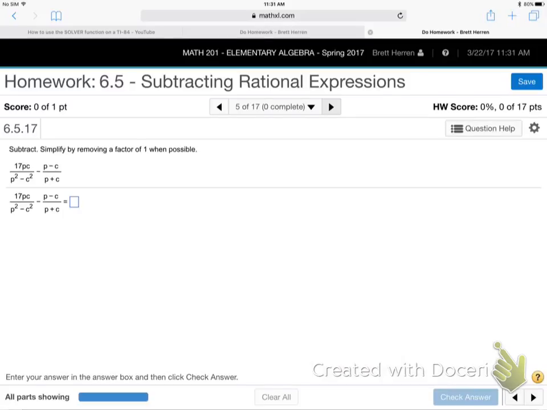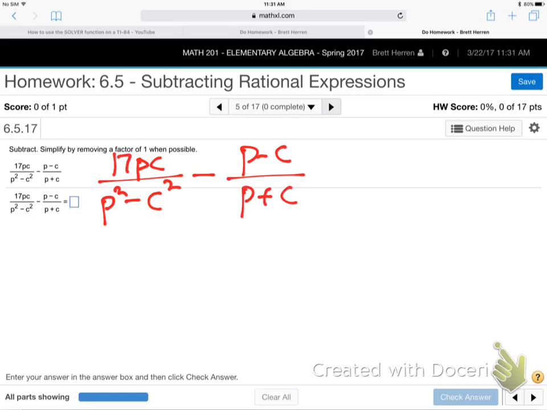Okay. So let's try that one. 17pc over p squared minus c squared, minus p minus c over p plus c. All right, so what's the first step? Well, first we do the subtraction thing, but then we'll go back to the stuff.